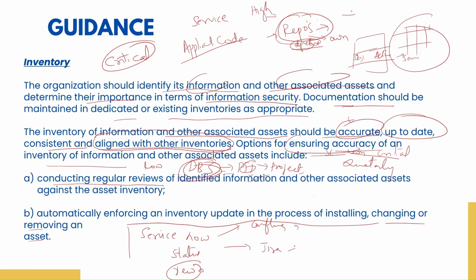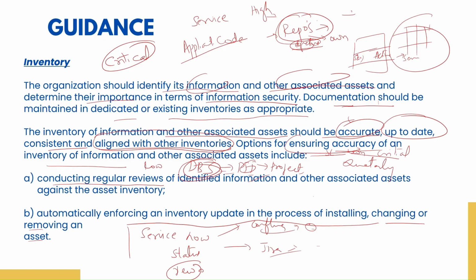Once you put decommissioned here, in Confluence pages also it will automatically get updated as decommissioned. Like this, if possible, you can automatically enforce an inventory update in the process of installing. Whenever a new device comes up, a Confluence page and Jira are automatically created for it. Like this, any change or removal or installation of an asset, try to enforce an automatic update of your inventory. If it is possible, do it.